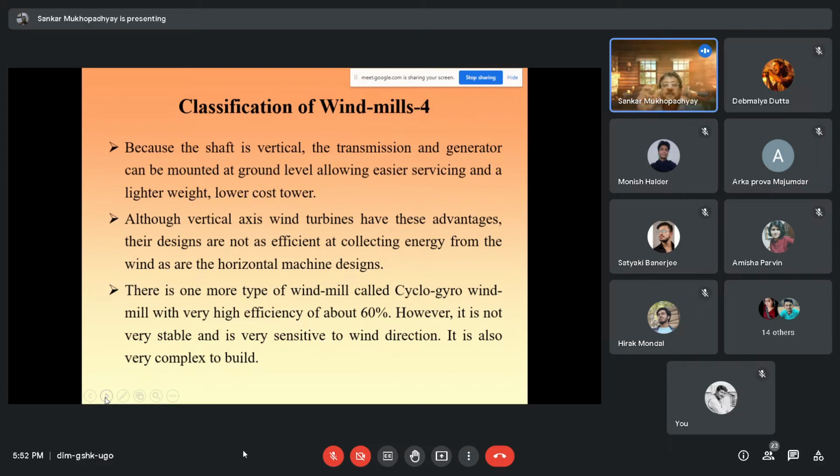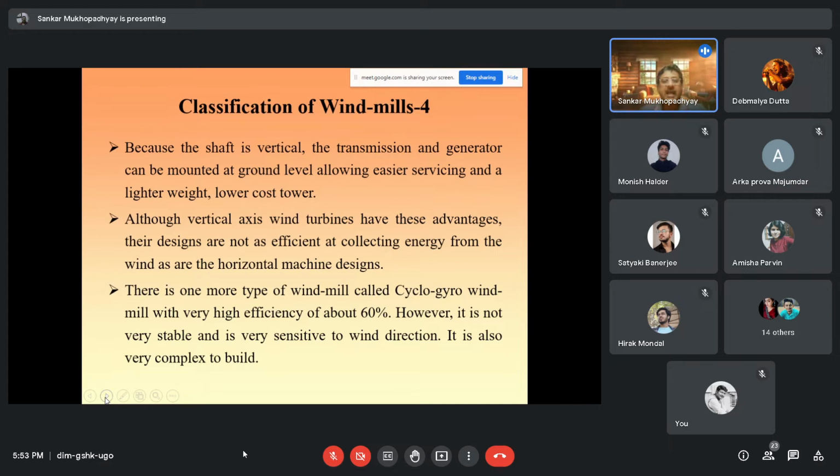So for easier handling and easier servicing, a lighter weight, lower cost tower is required, where you cannot put much height onto the tower itself, so that your collection of energy from the wind speed will be reduced. So you cannot make a vertical turbine large, because energy collection from the wind speed is not possible at a lower height.